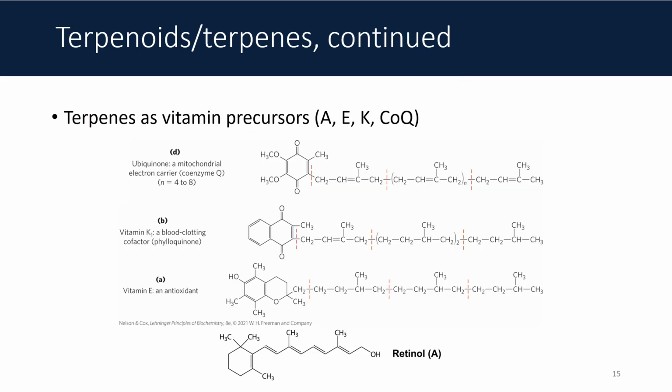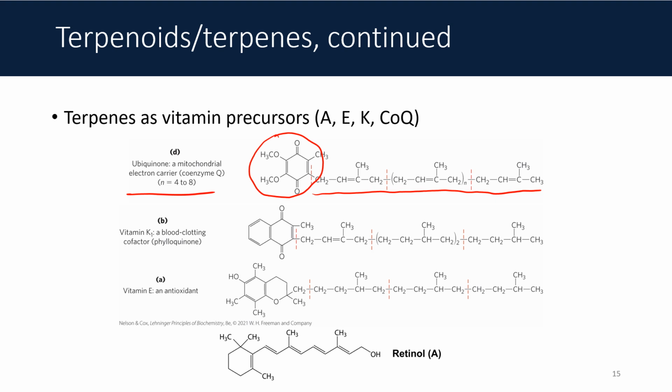Plants aren't the only organisms that use terpenes, not by a long shot. Many of our fat-soluble vitamins, for example, are terpene-derived. Remember our friend ubiquinone, coenzyme Q, from the electron transfer chain? Well, it consists of a redox-active head group that is attached to a very hydrophobic polyisoprenyl tail. Look at that.